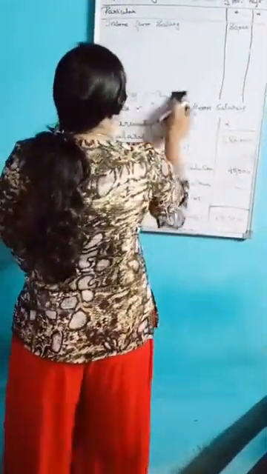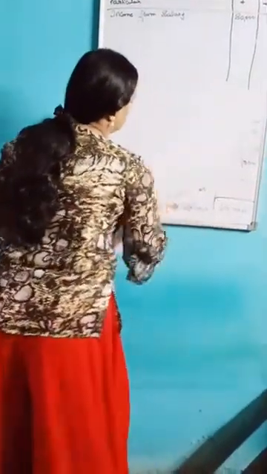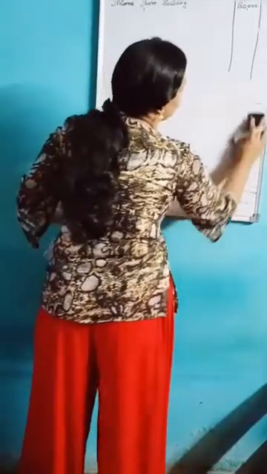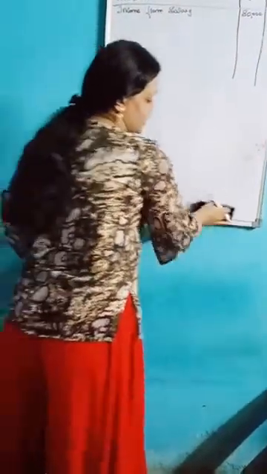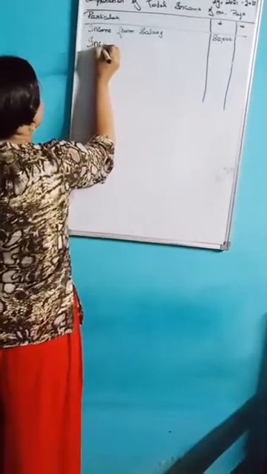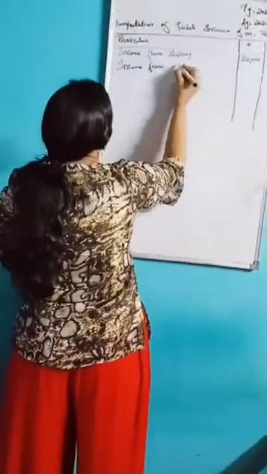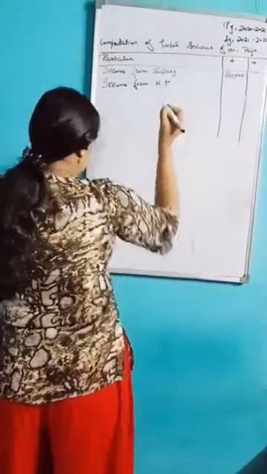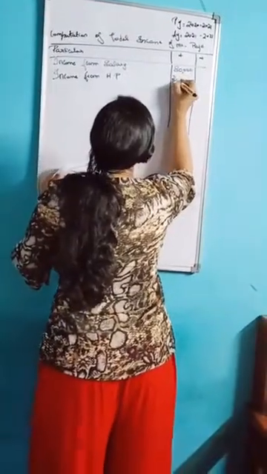Okay. Next one is income from house property. They have given in the question that it is directly computed, so you need not calculate the format and all. Directly you can write income from house property. How much have they given? 2 lakh. Right here 2 lakh.